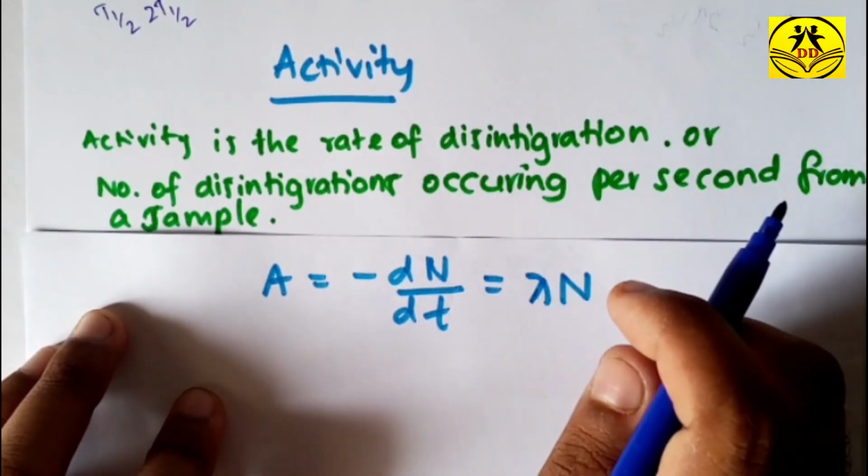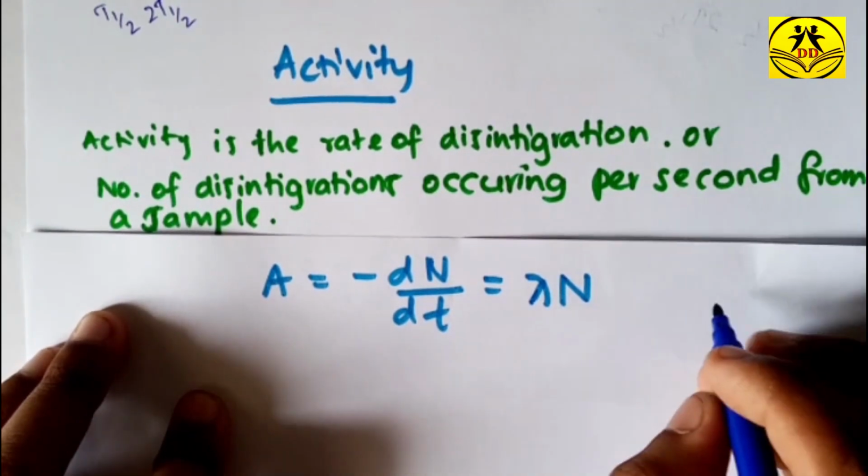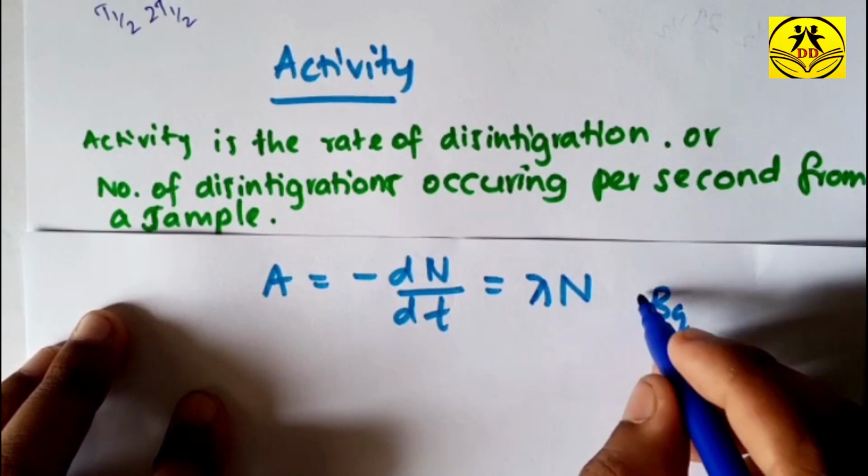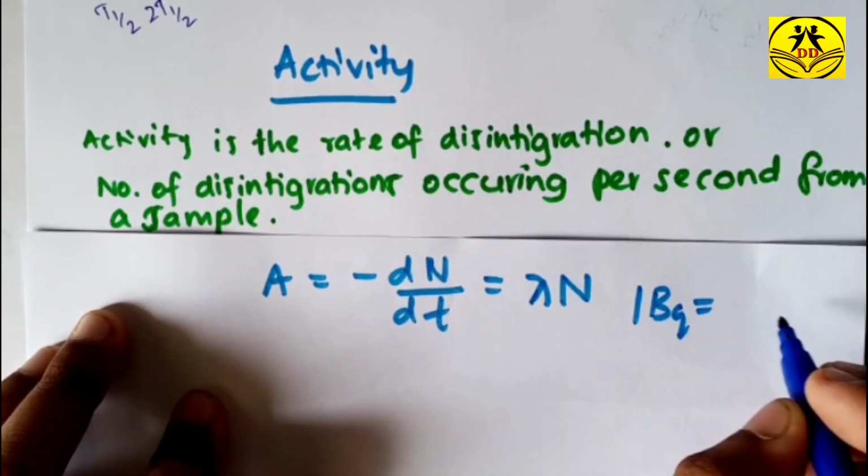The SI unit of activity is the becquerel.